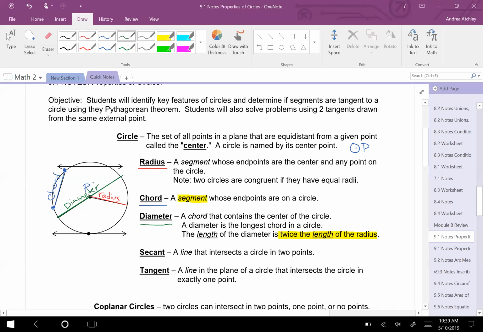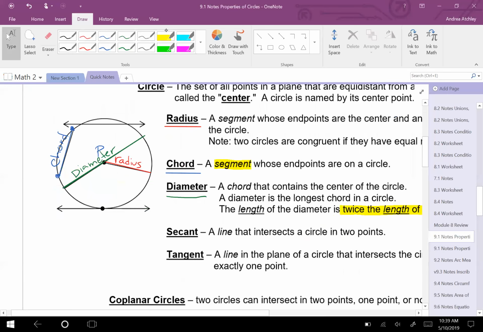A secant is kind of like a chord, but instead of being a segment, it is a line. So it has arrows at the end, and it intersects a circle in 2 points. So that's this right here, the secant. And again, it has arrows.